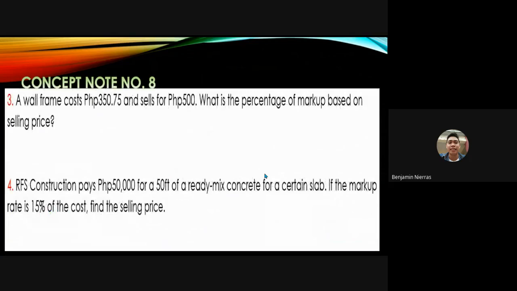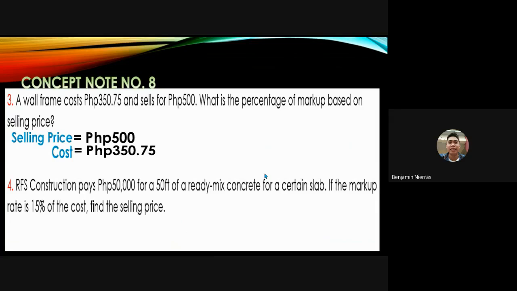Next, a wall frame costs 350 pesos and 75 cents and sells for 500 pesos. What is the percent of markup based on selling price? So we have the selling price, which is 500 pesos. And we know its cost is 350.75.